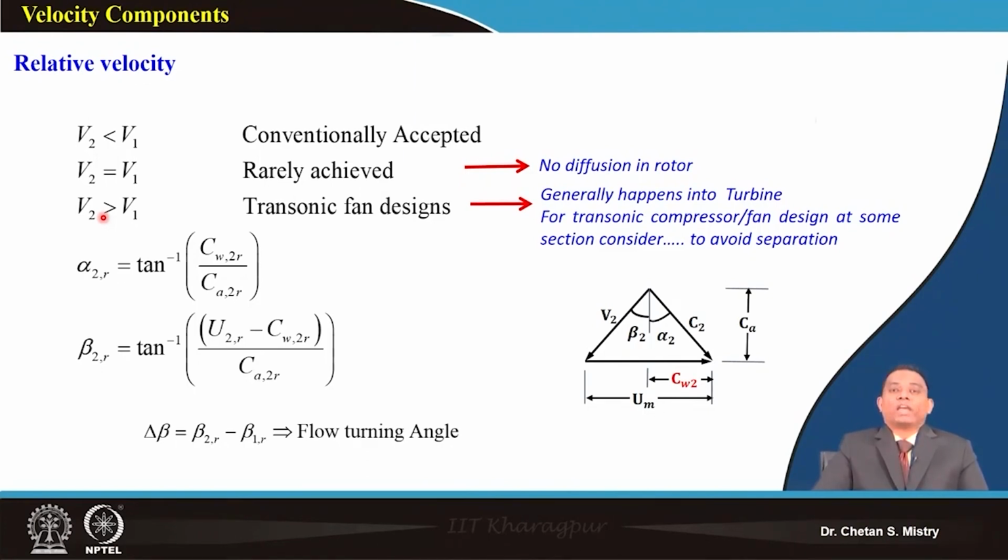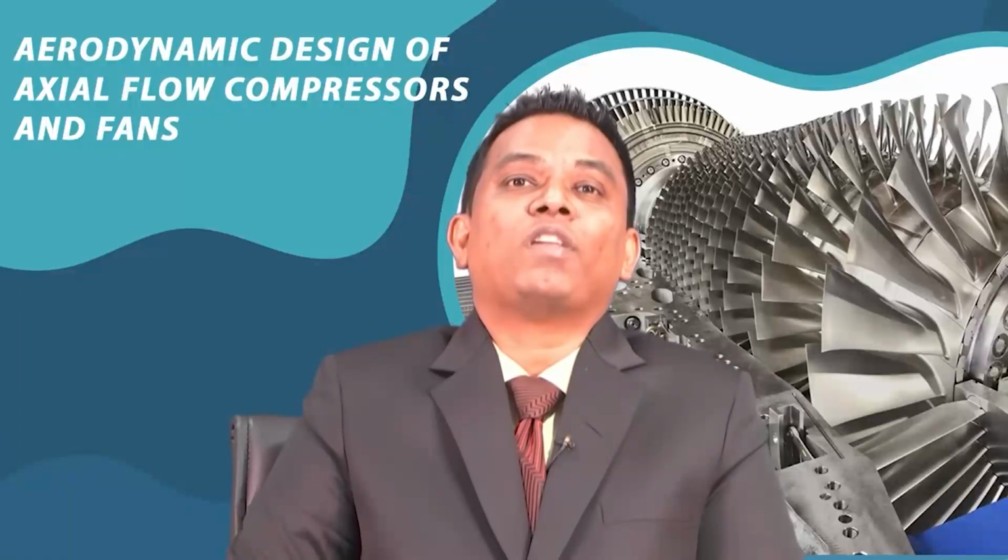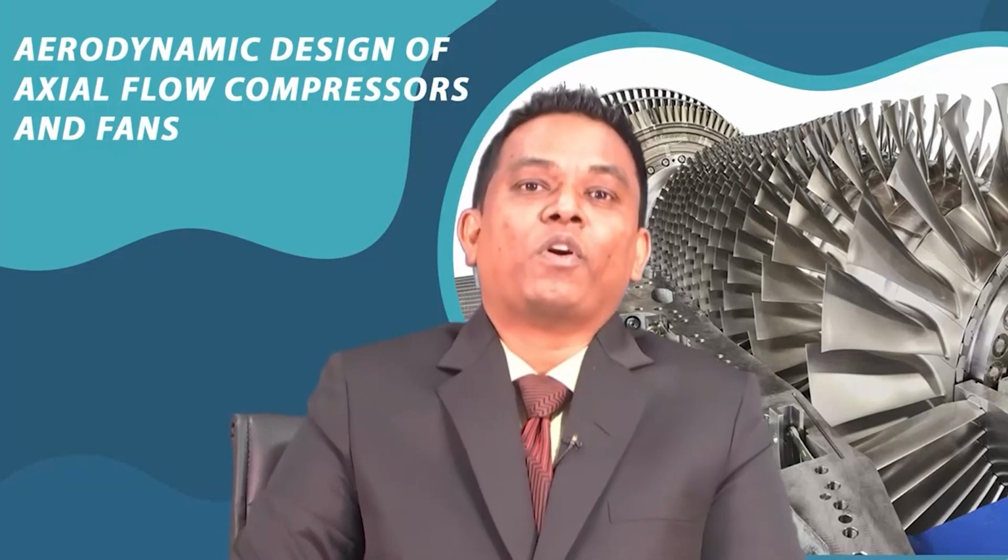Okay, so today, what we have discussed is the selection of very important parameters, what we have learned and how we are correlating all those parameters in combination for the design, in order to achieve a particular stage efficiency.